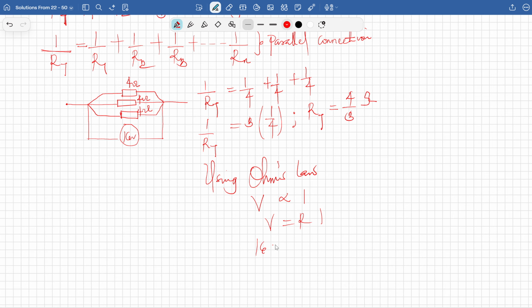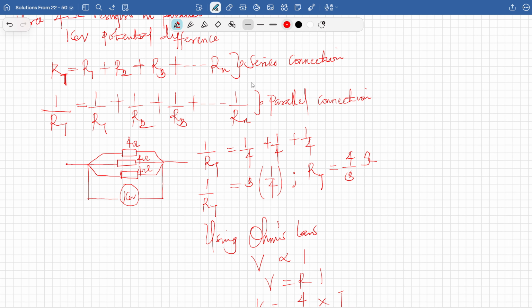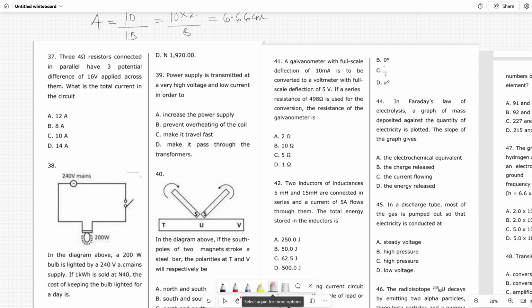Since the voltage is 16, it equals the total resistance 4 over 3 multiplied by the current I. So I equals 16 multiplied by 3 divided by 4, and that will give 12.0 amperes. So the best option there is option A. Option A is the right answer.